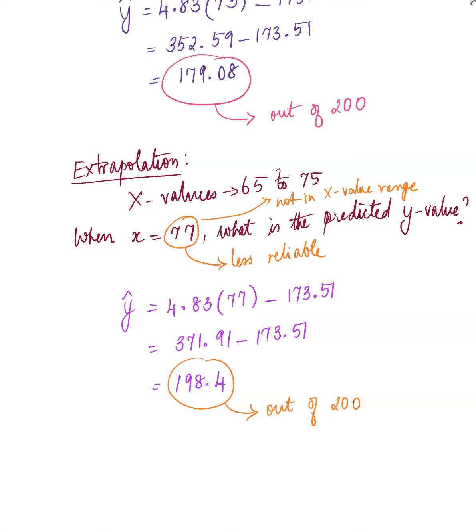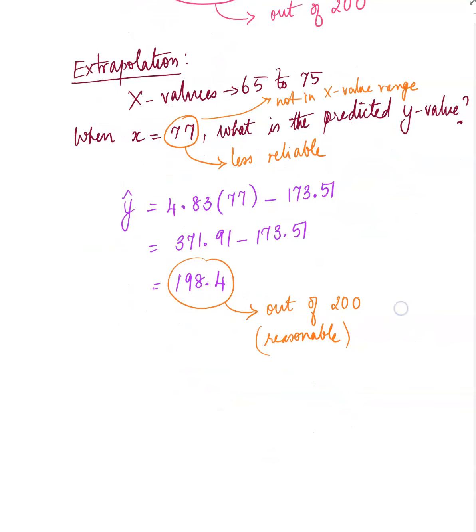Therefore, here is a result that is less reliable because the value of 77 was outside the x values, but it gave us a reasonable prediction because this is a value that can happen. It's a score that can happen. So we got a less reliable but reasonable answer.